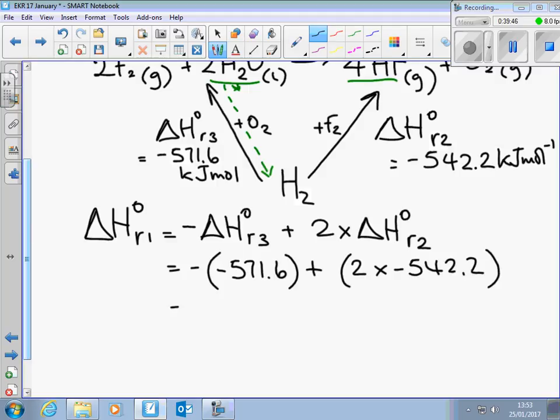So that works out at 571.6 minus 1084.4, I think. I haven't actually worked that one out. So if anybody wants to check that one, you can. This is done just using 2 equations. I'm going to give you some that involve 3. They call it stretch and challenge.